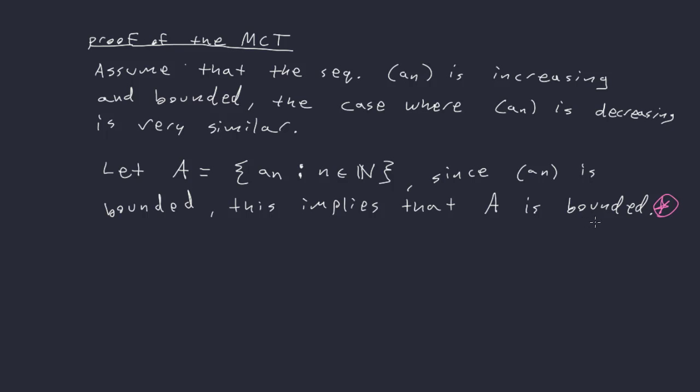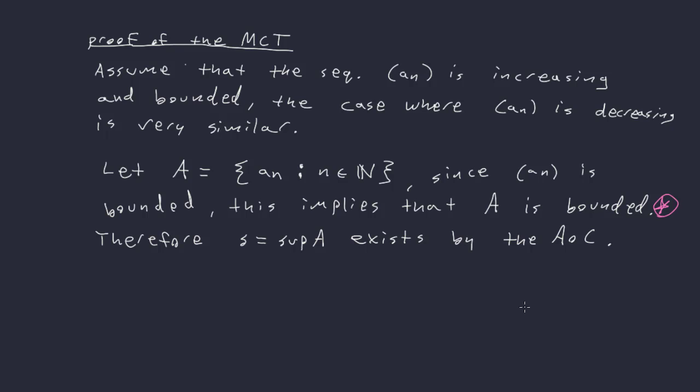So if you're unsure about that, give it a think and take a look at those definitions and convince yourself that this statement is true. Okay, so therefore, we'll call S equals the supremum of A exists. And this is by the AOC, the axiom of completeness.